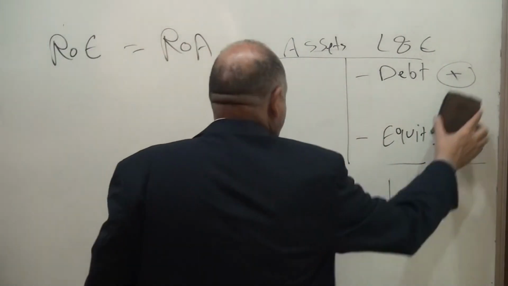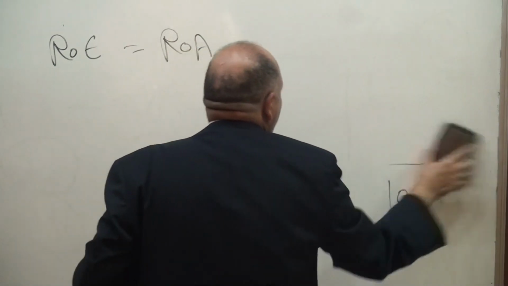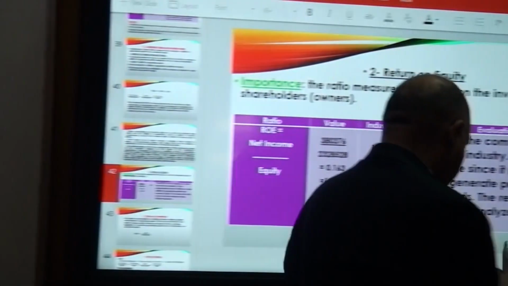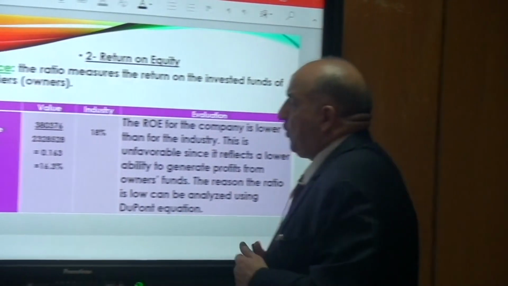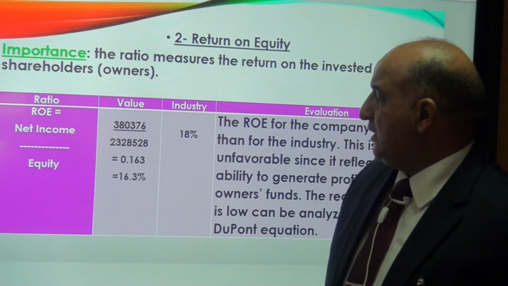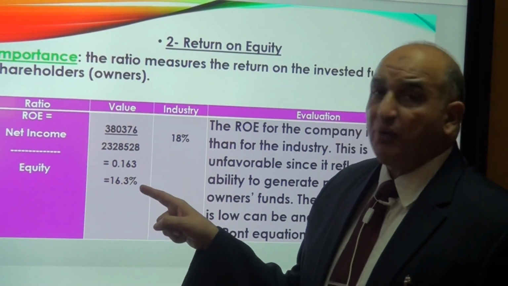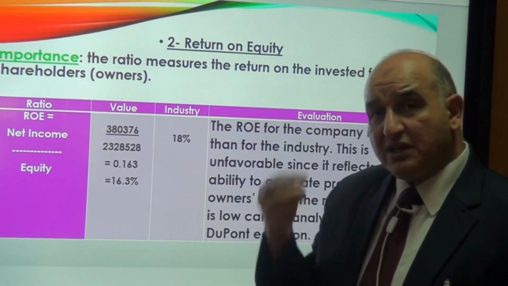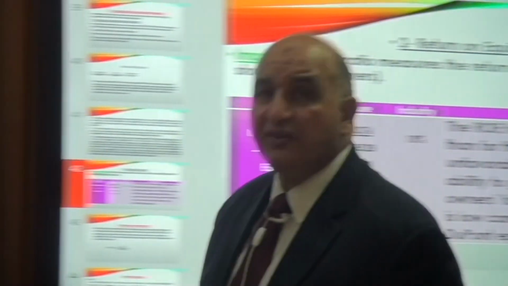Can it be lower? Yes, it can be. When? I will tell you now. So our return on equity, please remember, net income divided by total equity, in our company is 16.3%, which means each $100 contributed by the owner generates $16.3 as a profit.